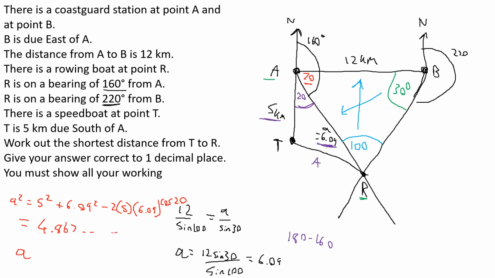And so therefore A is going to equal the square root of that, which is just going to equal 2.21 kilometers. So all we've done is use two trigonometric rules through this drawing.